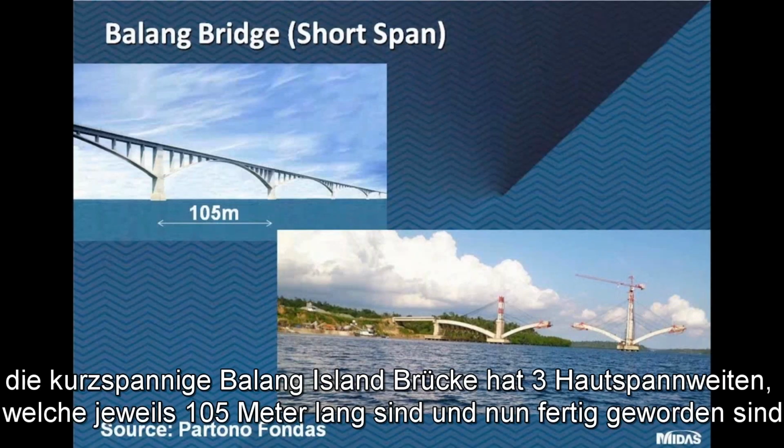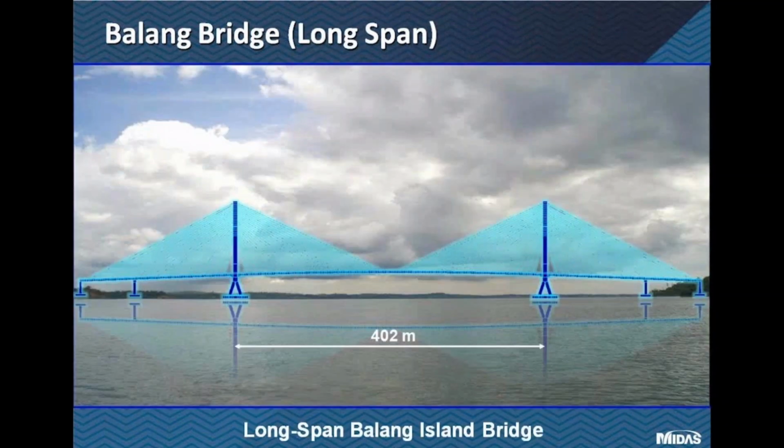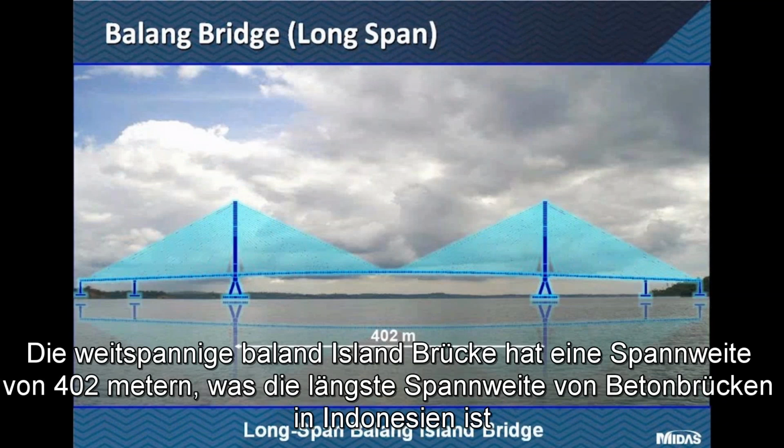The short span Balang Island Bridge has three main spans of 105 meters each and has now finished construction, while the long span Balang Island Bridge has a main span of 402 meters, which is the longest span of a concrete bridge in Indonesia.